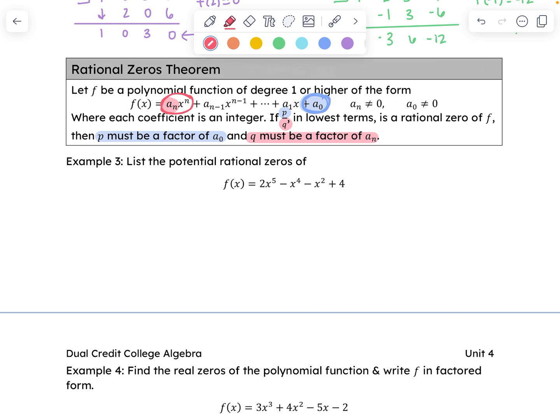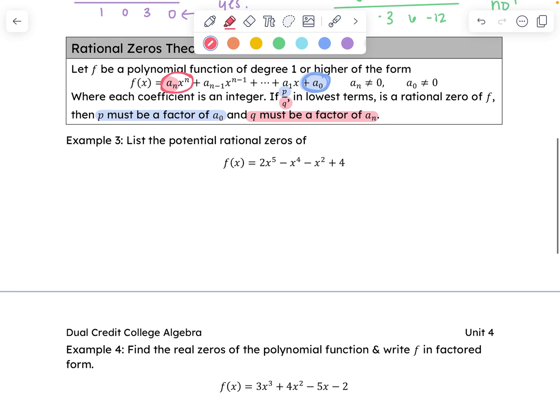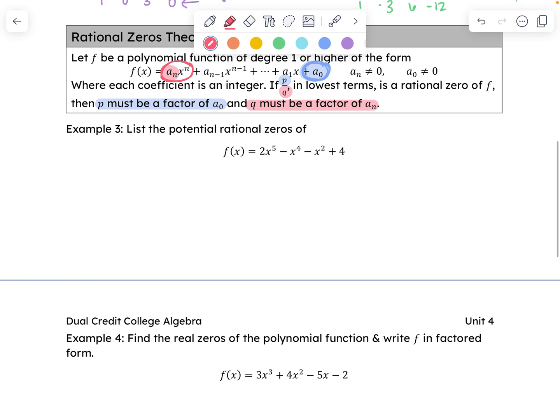So it narrows it down from it being any possible number to being these specific possible numbers. So the potential rational zeros are any fractions that fit into these categories.